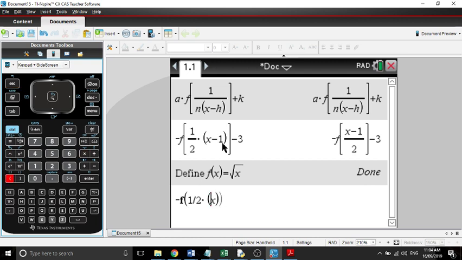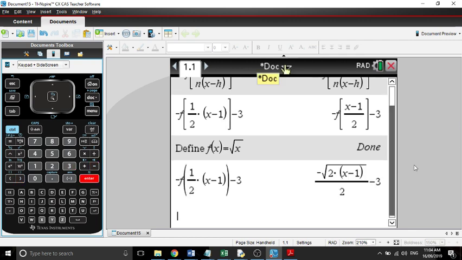We're going to open another bracket, put in here minus 1, close the set of brackets, and say minus 3. And then we're going to look at that. So that's what we end up with there.